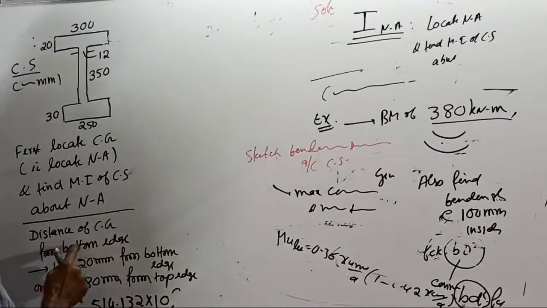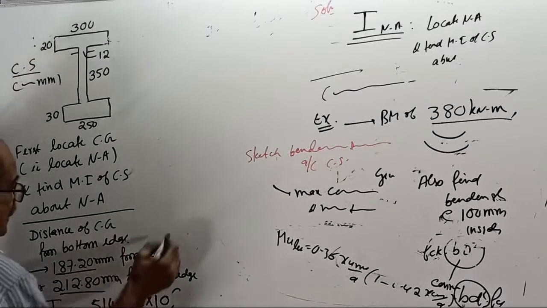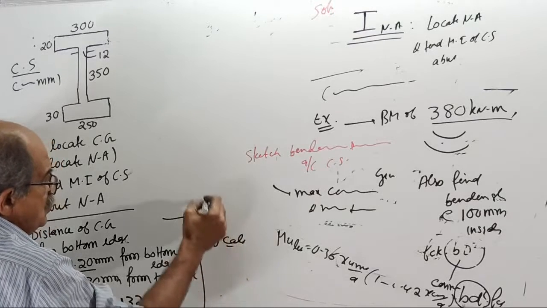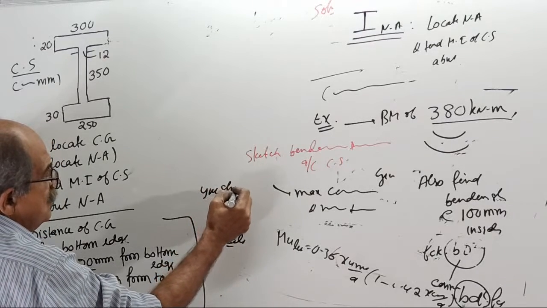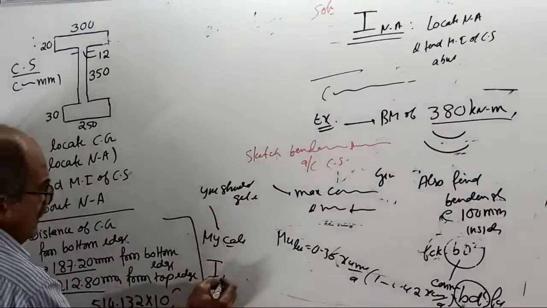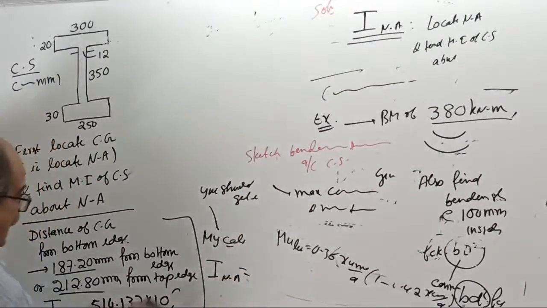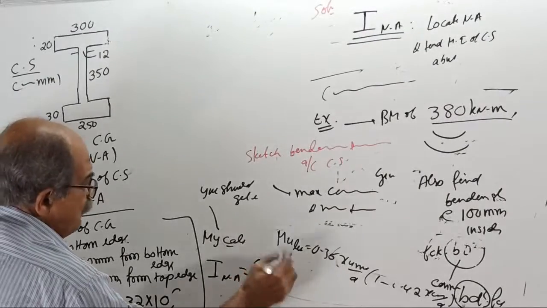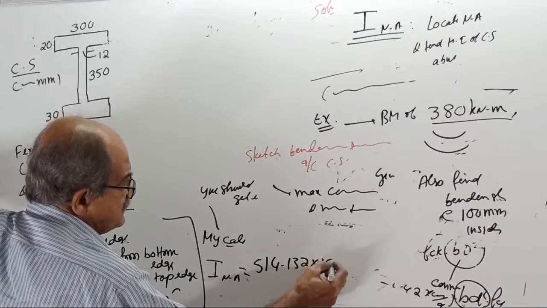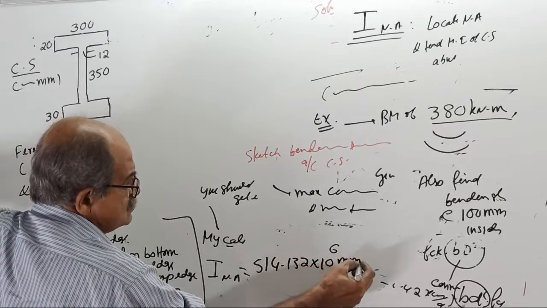Then the distance of CG from the bottom edge. This is not given. This is my calculation. You should get it. First, get it. And also I about the neutral axis. I got 514.132 times 10 to the power 6.